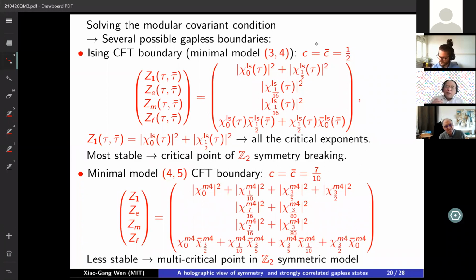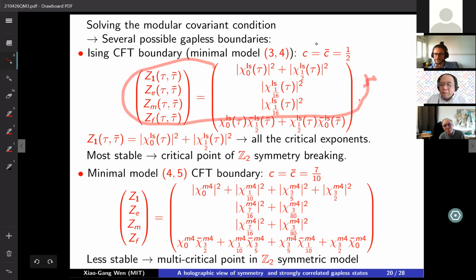But to be more precise, let me put it in the following way. When you have a conformal field theory like this one, it corresponds to a modular tensor category, which is the quantum double of Z2. However, this conformal field theory has an even larger emergent symmetry. Actually, there is a symmetry of exchanging e and m.